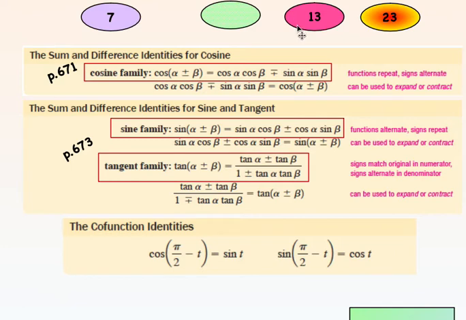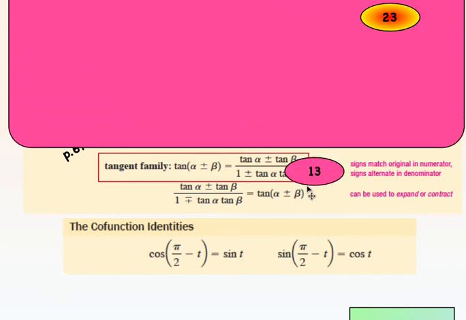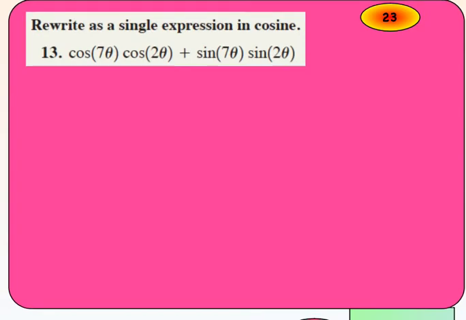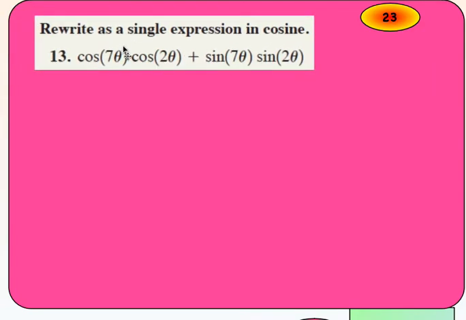Okay, next type of problem we're going to look at is something like number 13. In 13, you're going to see the equation already written out for us, and we're going to recognize that our alpha here is 7 theta and it is repeated, and our beta is 2 theta and gets repeated.